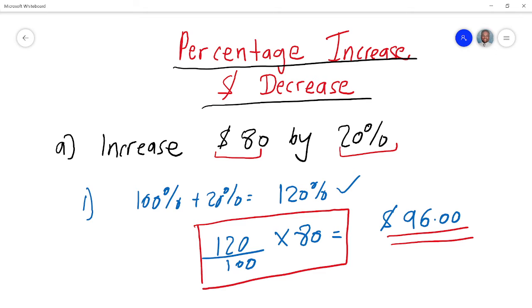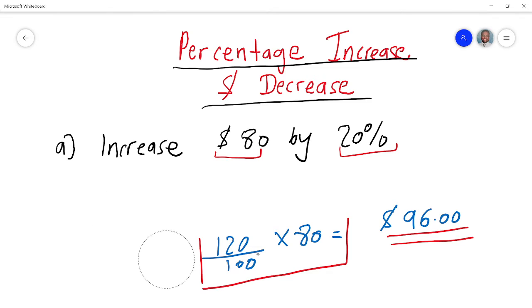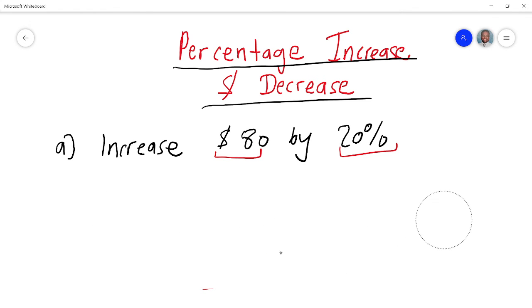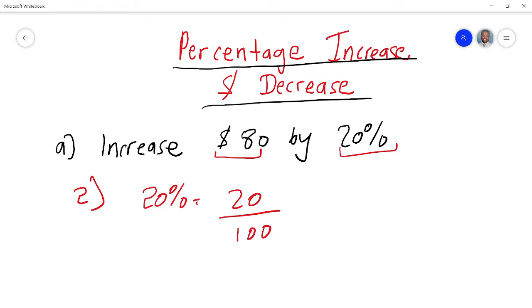Now there's a second step, and this is where you do two areas in this one here. So let's look at step two. What you do is, because 20% is the same as 20 over 100, you multiply it by 80.